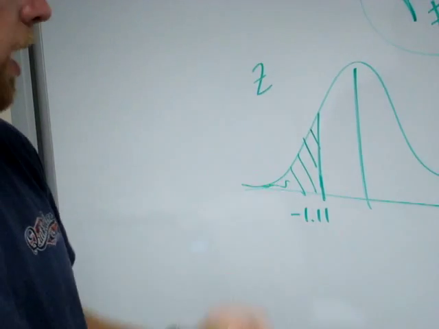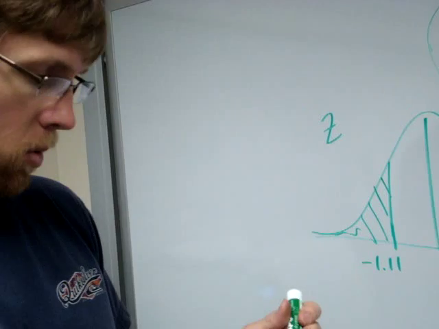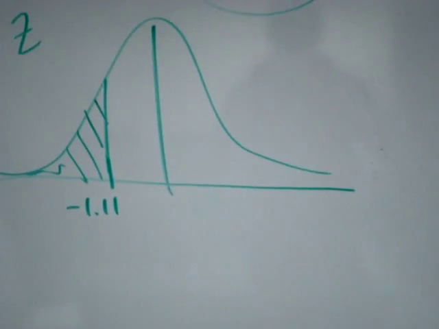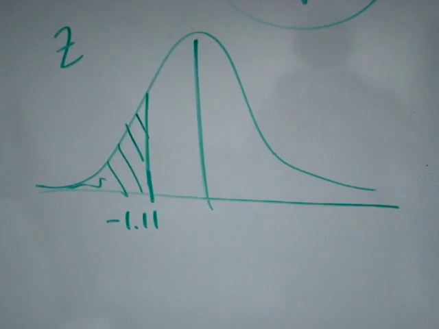So to find this area, you could use your z-table. I calculated it in the calculator using something that might be a little bit more exact. So this p-value says 0.1332.